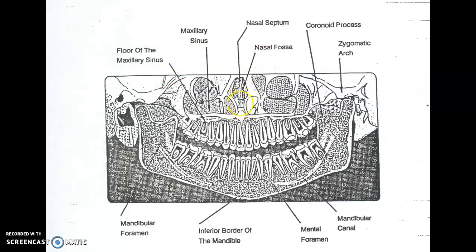The nasal septum is here. Your nasal fossa, remember, is on either side of your nasal septum. When we looked earlier at that inverted Y formation, this is the inverted Y formation. You have your nasal fossa, and you've got this bony section that separates your nasal fossa from your maxillary sinus.